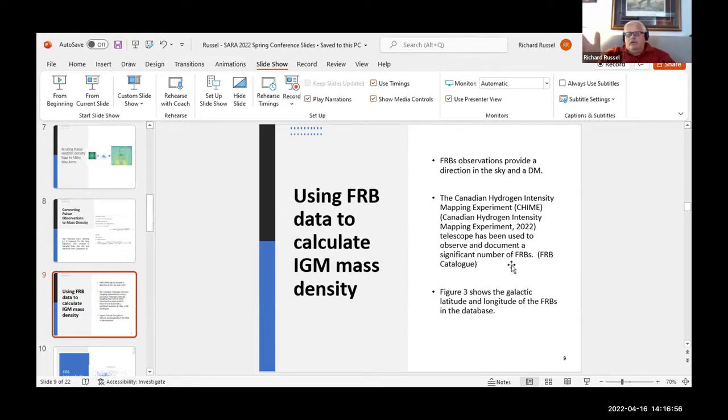But there's only a few of them, and yet I've got hundreds of FRBs with dispersion measure data, and all I really need is to make an assumption of range, to come back and figure out an assumption on the density of material between my location and the FRB through intergalactic space.